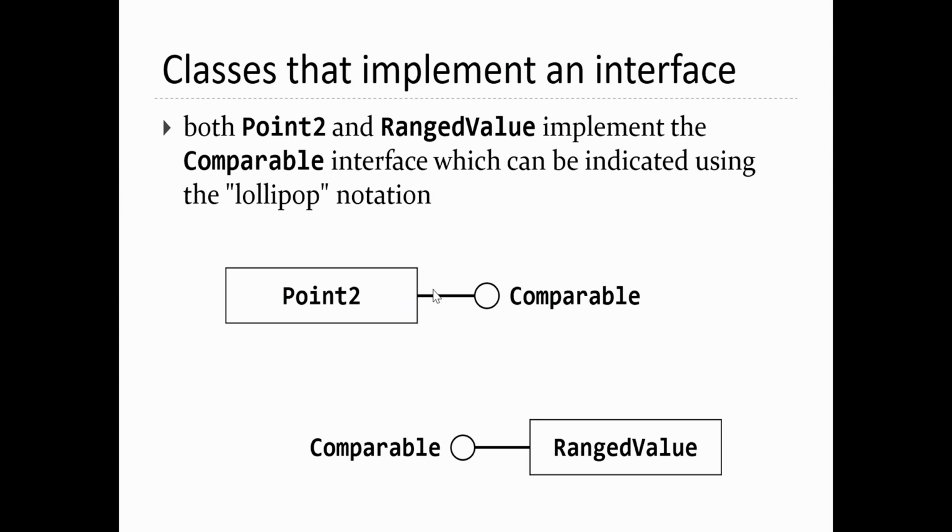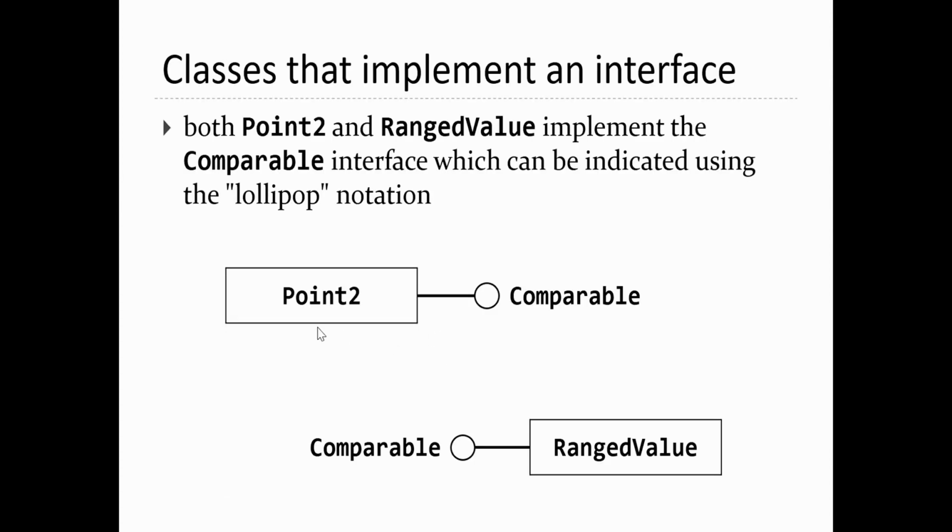So this just says Point2 implements the Comparable interface. It doesn't matter where you draw the lollipop. You can draw it on the left-hand side, above, or below. This says RangedValue, whatever that is, implements the Comparable interface. So you can indicate which interfaces are implemented by your classes if you need to on your diagram.